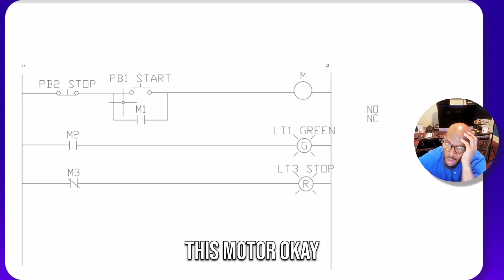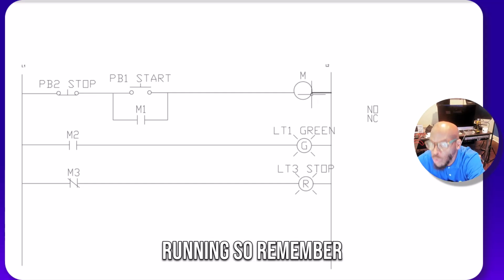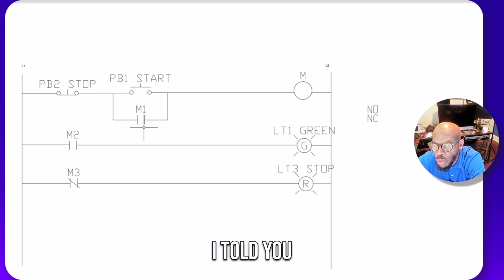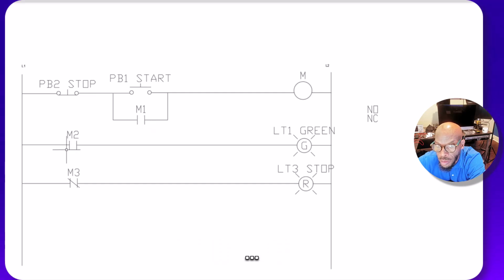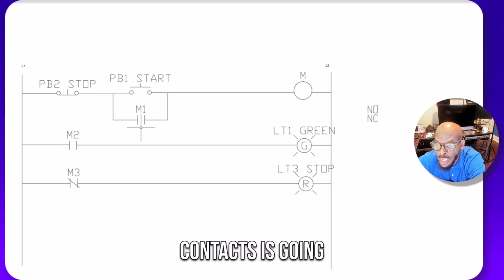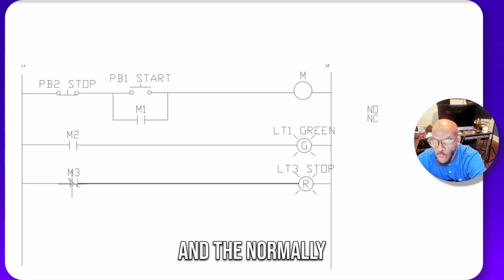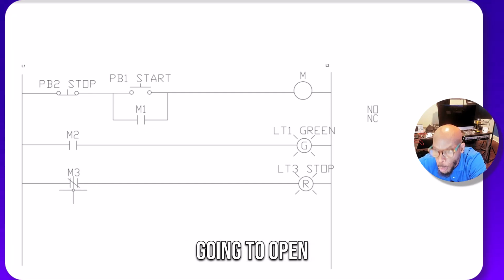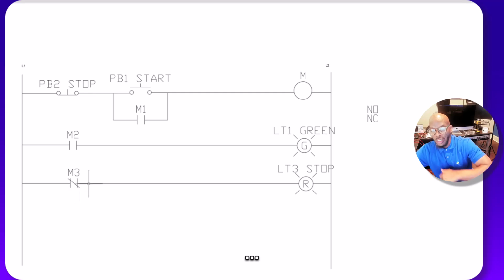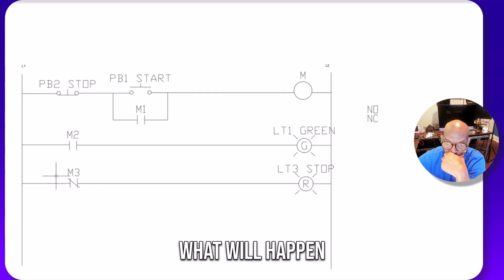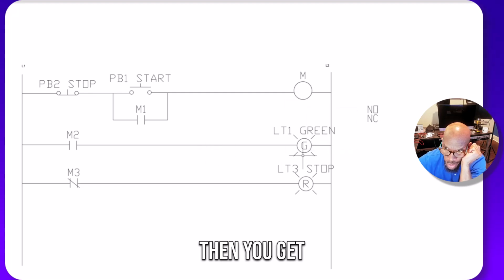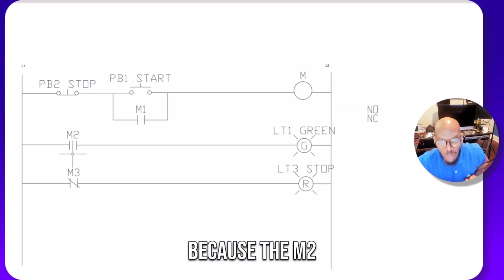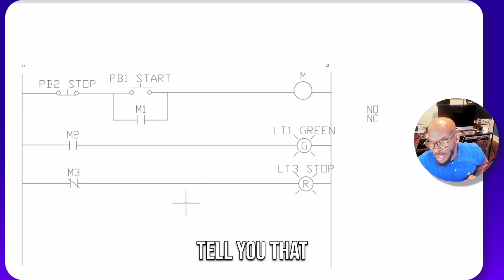Let's say the motor's running. Remember I told you, all of the normally open contacts are going to close, and the normally closed contacts are going to open. So while the motor is running, you get this green light because M2 is going to be true.